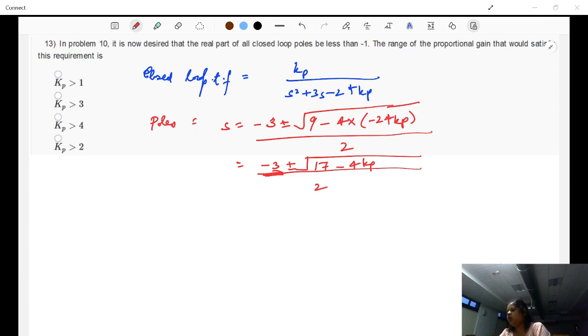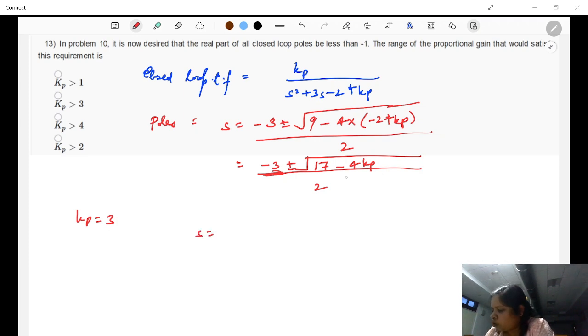Kp is equal to 3 or kp is equal to 4, because we want to stay for poles less than minus 1. So what we'll do here is, let's say we take kp is equal to 3, because in the options we only have 1, 2, 3, 4. So we'll check for kp is equal to 3.